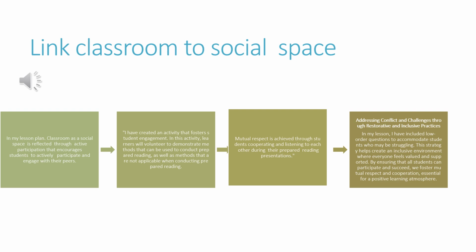In this activity, learners will volunteer to demonstrate methods that can be used to conduct prepared reading, as well as methods that are not applicable when conducting prepared reading. Mutual respect is achieved through students cooperating and listening to each other during their prepared reading presentation.